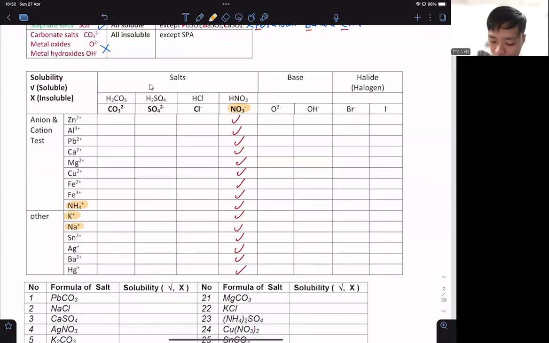So you just tick all of these soluble ones. Very simple.